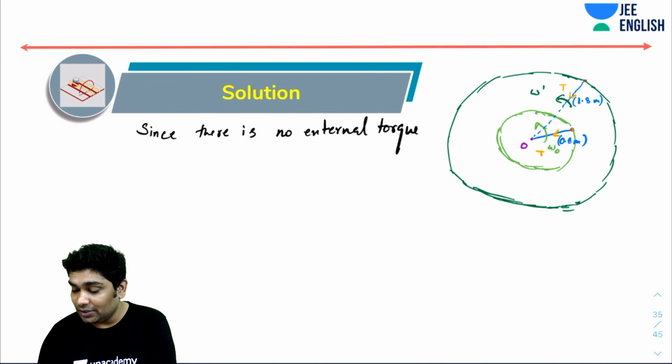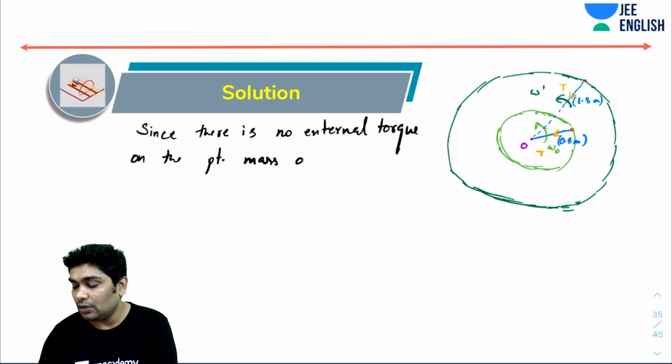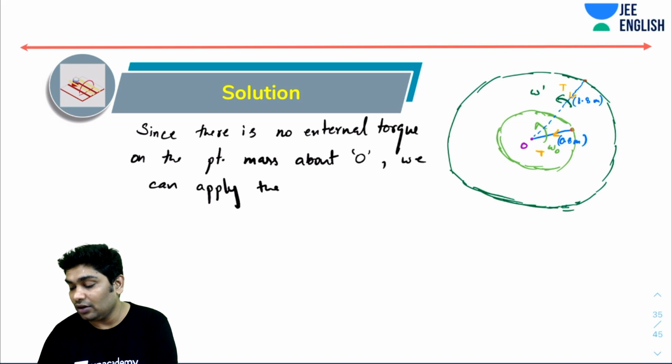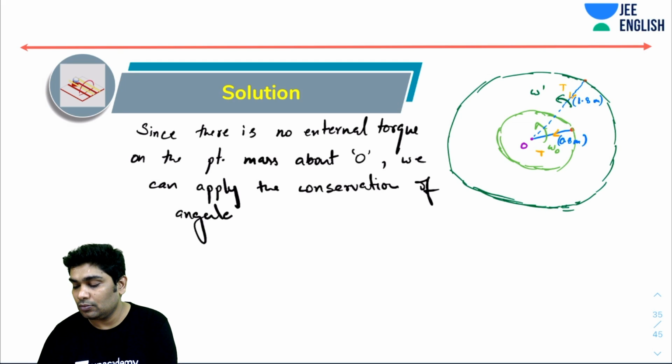External torque on the point mass about O is zero, so we can apply conservation of angular momentum about it.